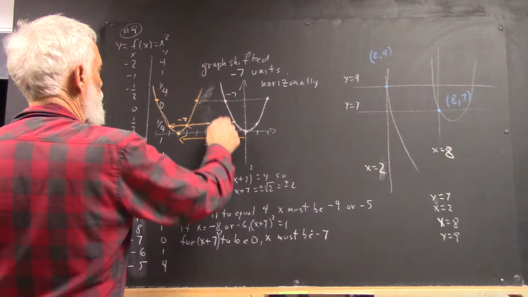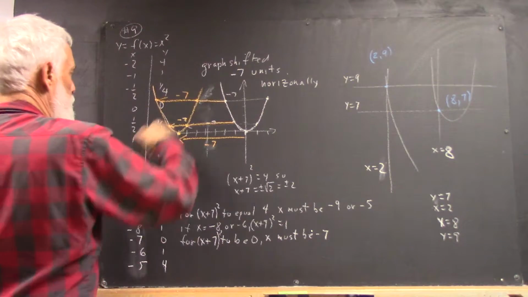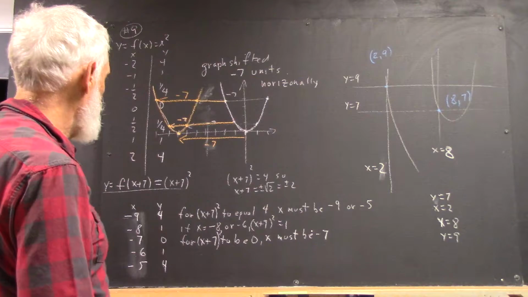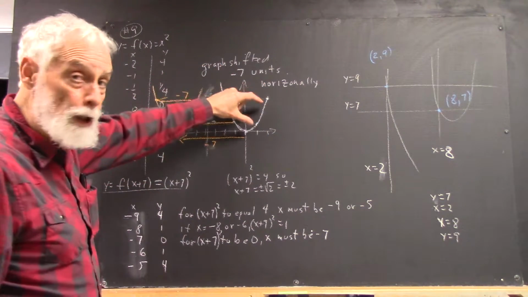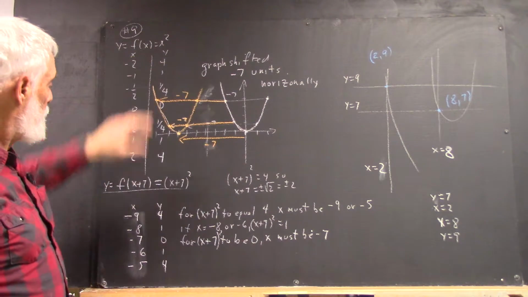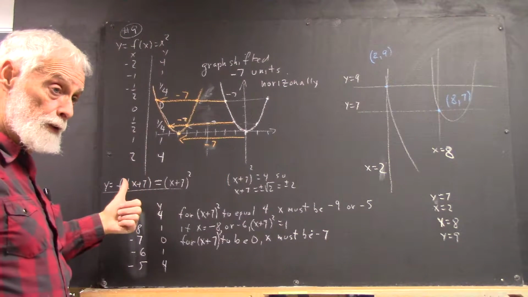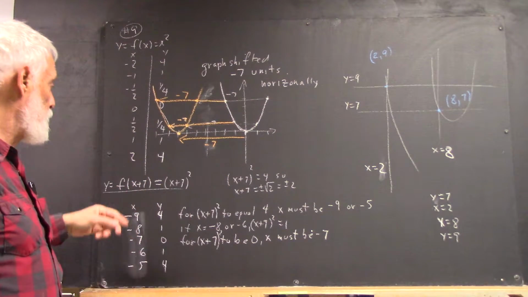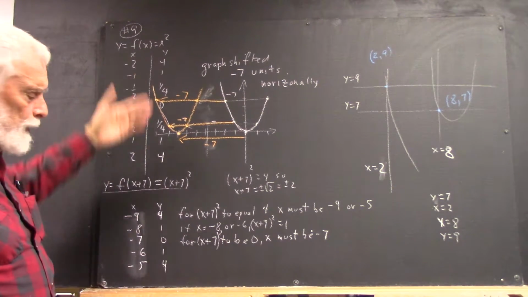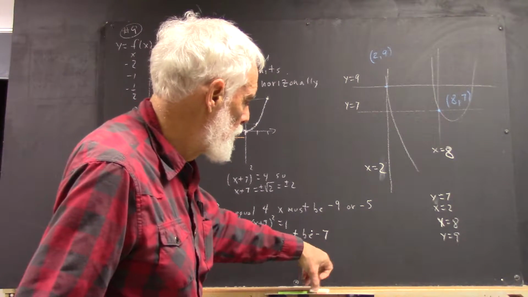The point -2, 4 shifted -7 units, and these points over here shifted -7 units. In other words, the whole graph shifted 7 units to the left when we replaced x by x plus 7, because in order to get the same y values, x has to be 7 less than it was up here. That's worth pondering and worth understanding.